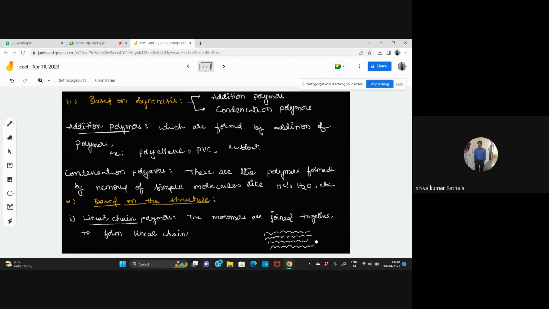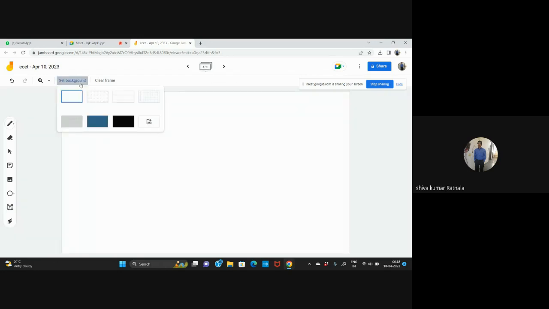Next one, branched chain polymers. This branched chain polymers is nothing but two-dimensional polymers also we can call it as.